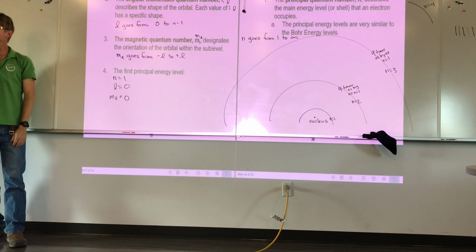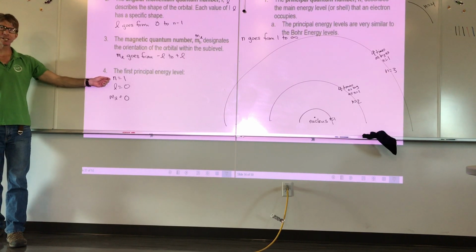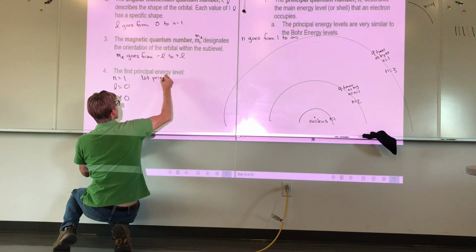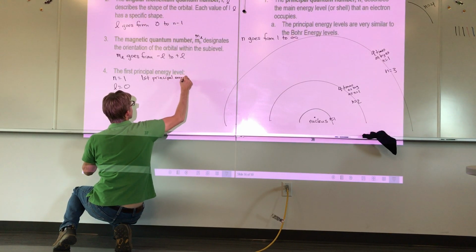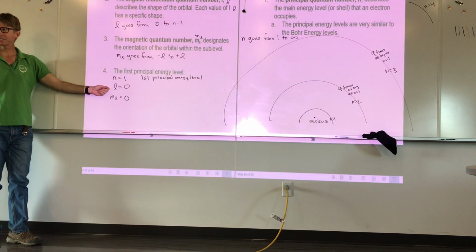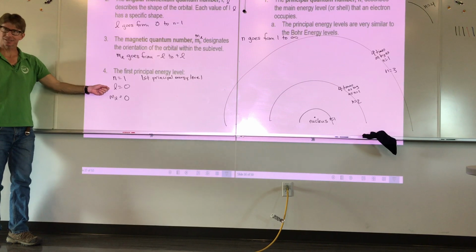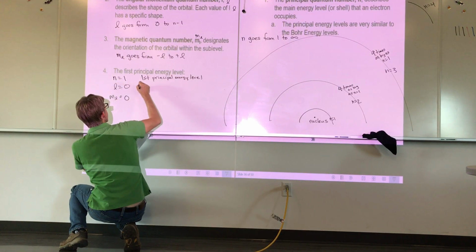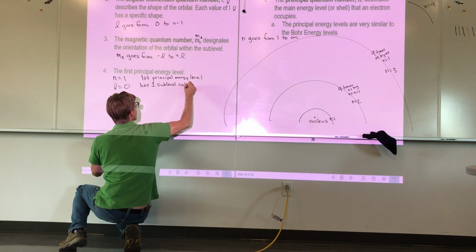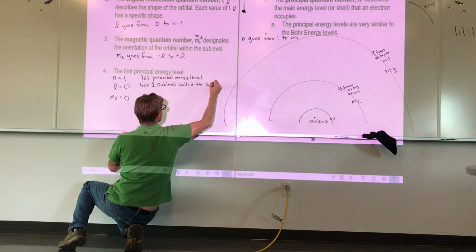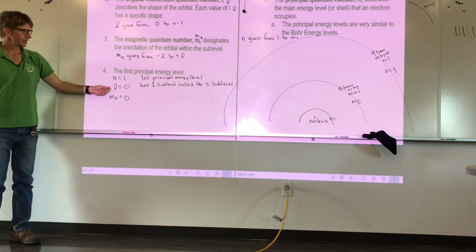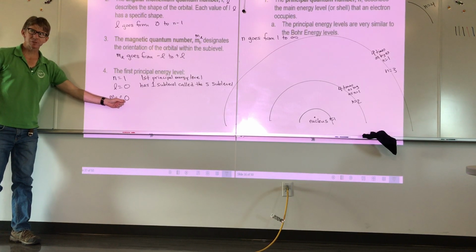And now let me say a few words about the meaning of these. n equals 1, that's the first principal energy level. It has one sublevel called the s sublevel, and m sub L equals 0.